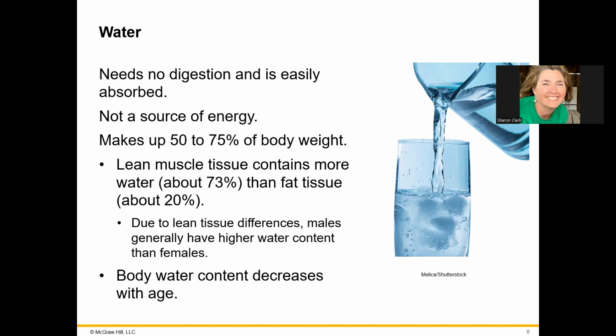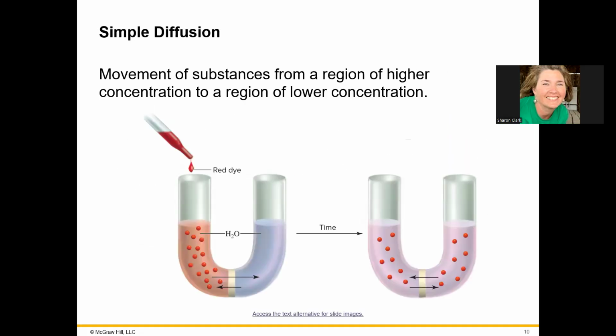Why it's also unique is because of its properties as far as diffusion. Simple diffusion occurs because of the properties of water.